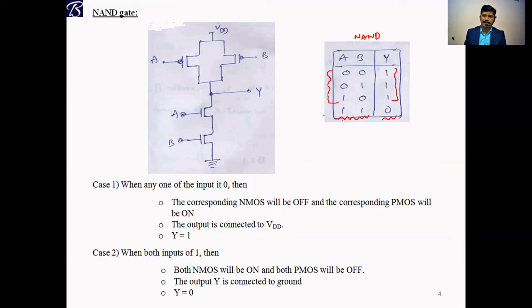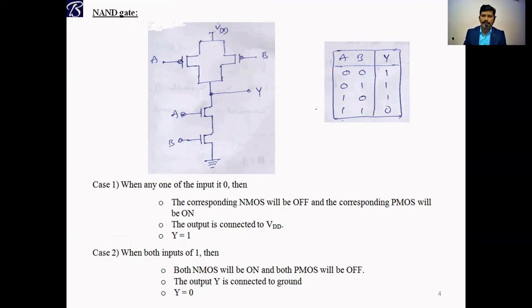When all inputs are 1, because A equal to 1 and B equal to 1, both will be switched on and Y is connected directly to ground. Then this is 0. If any one is 0, this is not connected to here, and the corresponding PMOS will be switched on, so that Y is connected to VDD, so Y equal to 1. This is correct.